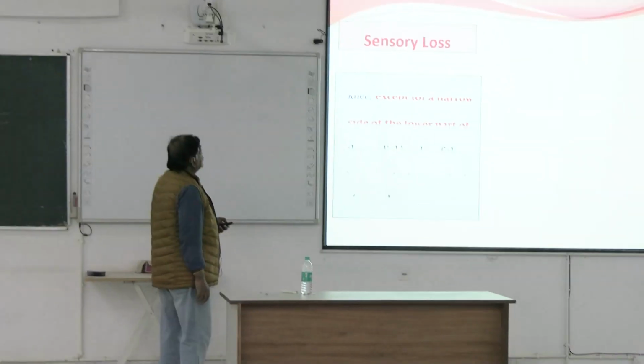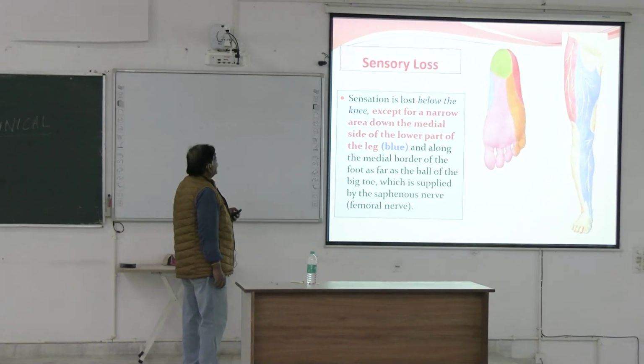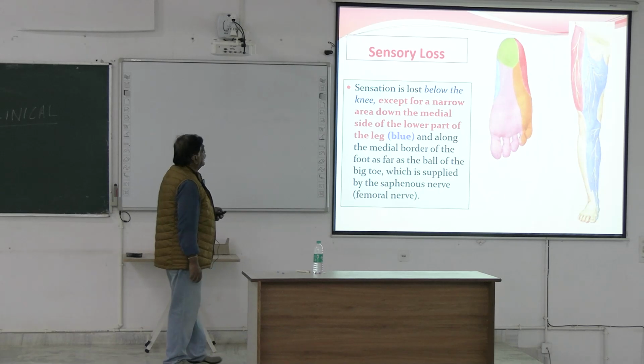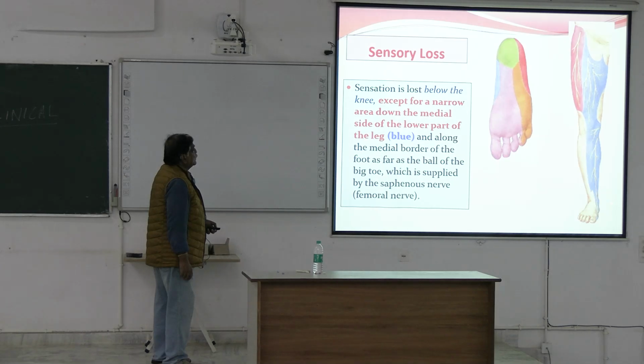Now, sensory loss. Sensation is lost below the knee except for a narrow area down the medial side of the lower part of the leg. This part, except this part, blue.